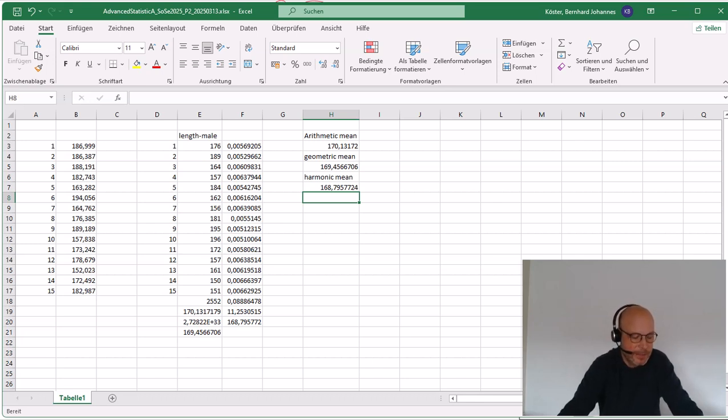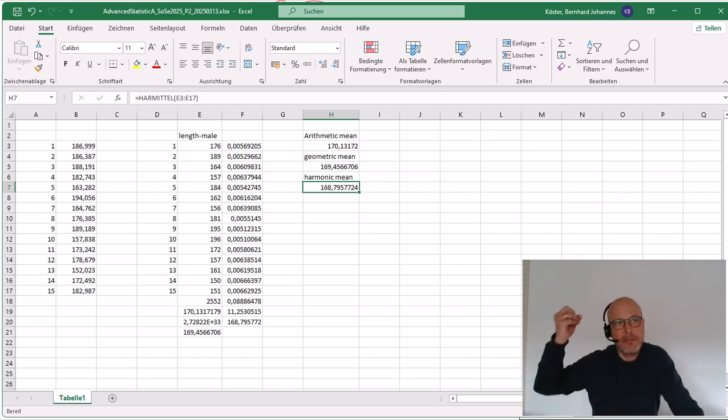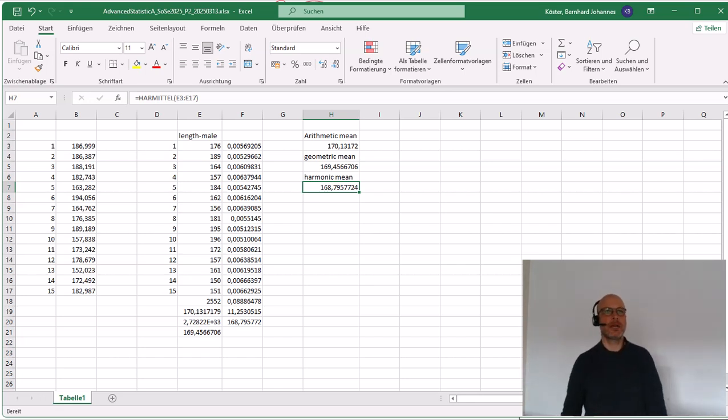And as you have seen, I just chose here, in order to calculate the harmonic mean, the wrong data. And it is really important that you always have an idea what should come out, what is a plausible result of my manipulation of the data. And then you quite fast see when you are doing something wrong.